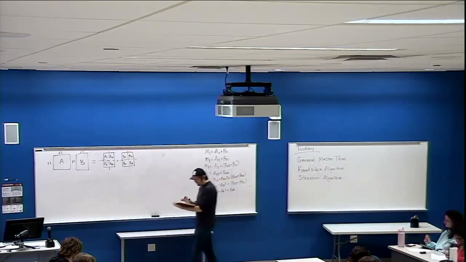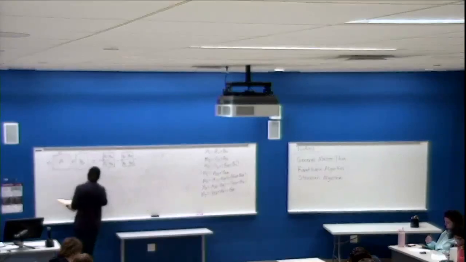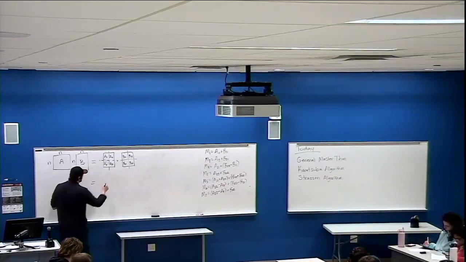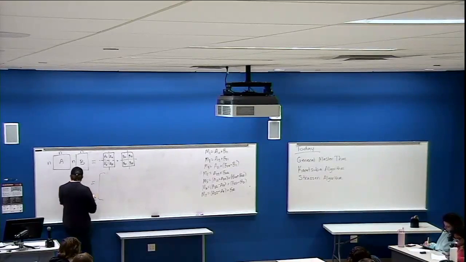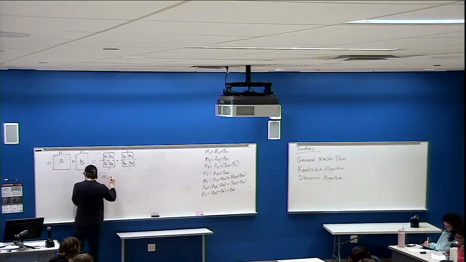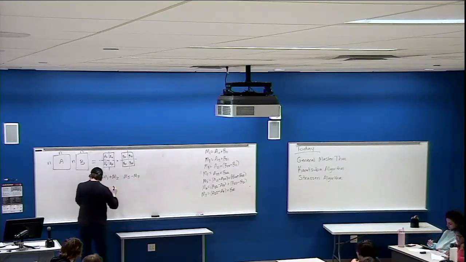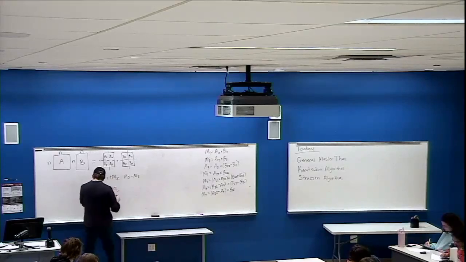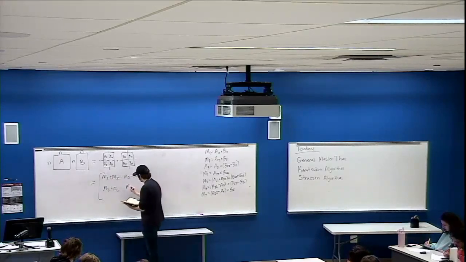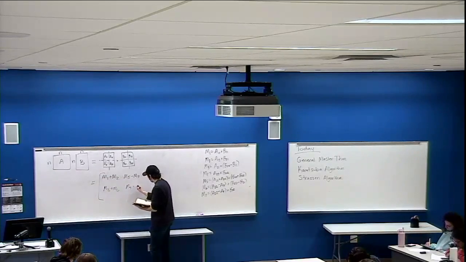And then we realize that we can actually rewrite our matrix multiplication output to be M1 plus M2, and we're not done yet, M5 minus M7, M3 plus M6, and finally M5 plus M6 minus M2 minus M4.